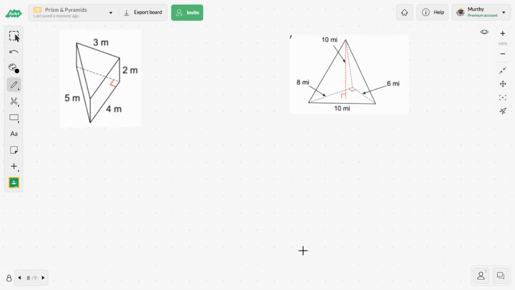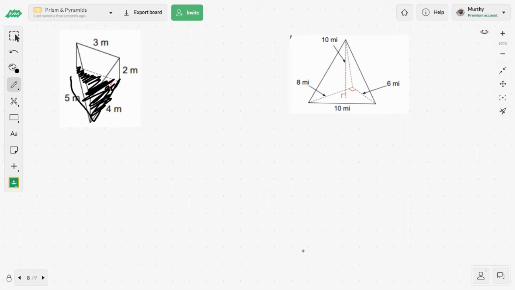This time, these questions are similar. What is the difference between these two? If I take diagram 1, I see that the base is in the shape of a triangle.